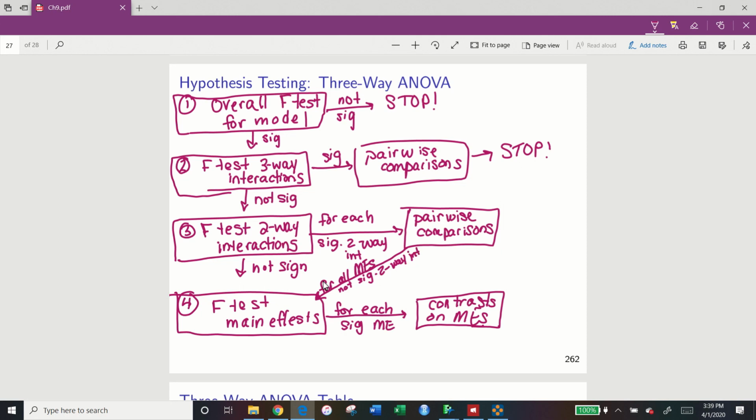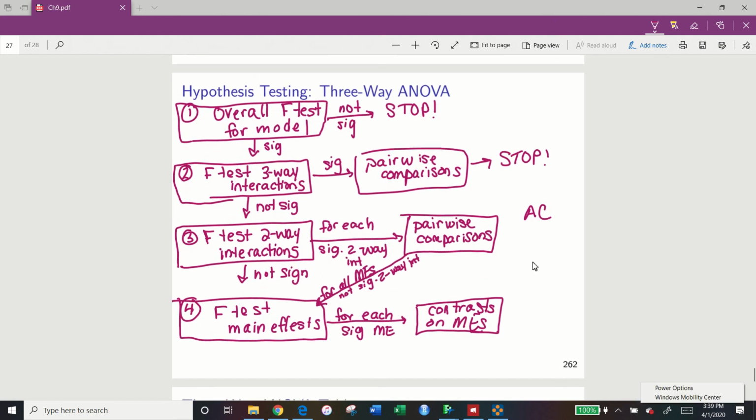And so what I mean by that is perhaps factors A and C were found to be significant, but A and D and C and D were not. So that would tell us that we should test the main effect of D and look at the pairwise comparisons for A and C.